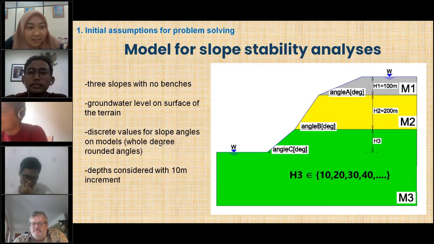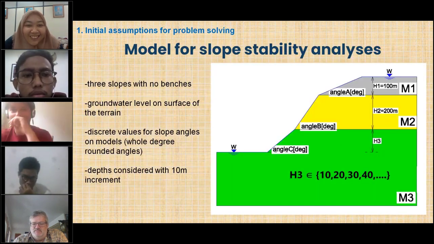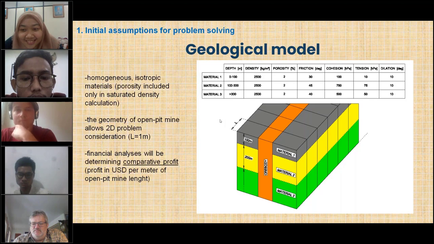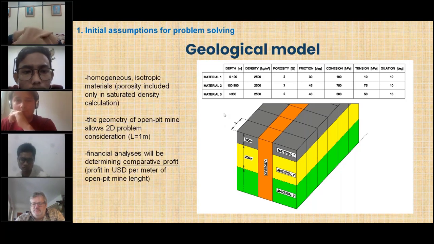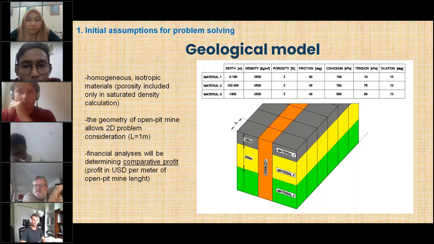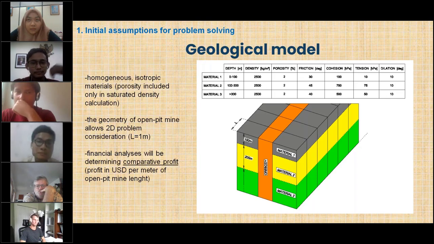Yes. As I already said, the geometry of the open pit mine is such that we can consider it as a two-dimensional problem, and we define this length L. We opted for the comparative profit for the length of the open pit mine L equal to 1 meter.